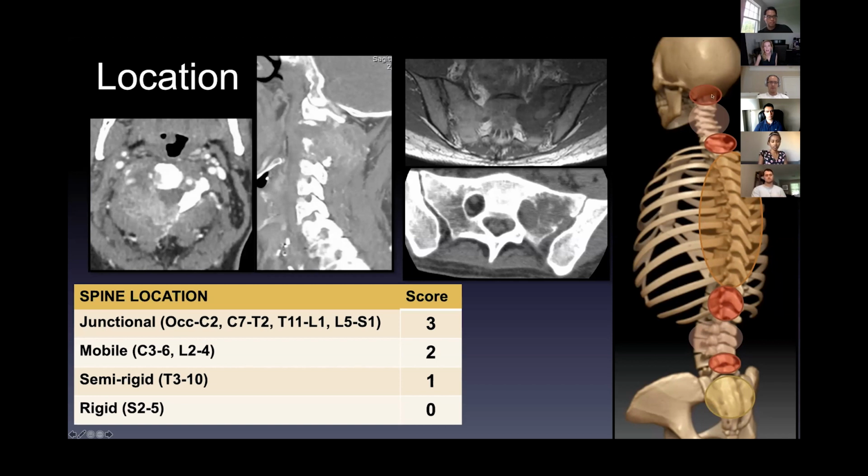So at the cervical occipital junction, cervical thoracic, thoracolumbar, and lumbosacral junction, and you all can speak much more eloquently to this than I can, when you have spine failure, you're going to have some severe consequences to your spinal cord. So that gets the highest number of points in the SIN score. Other areas, like the rigid sacrum S2 through S5, you can have failure and it's not going to give you cord compression, pain, or paralysis or death.